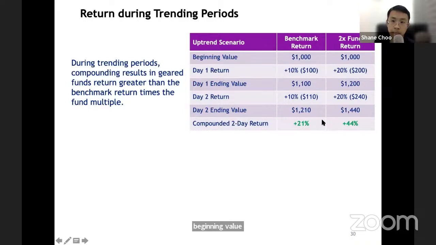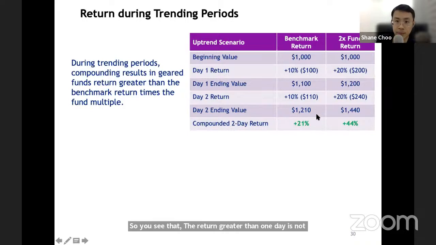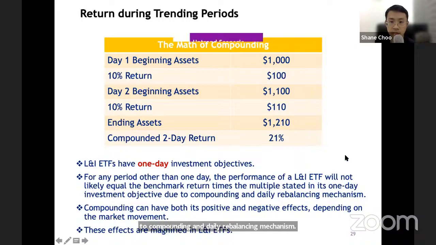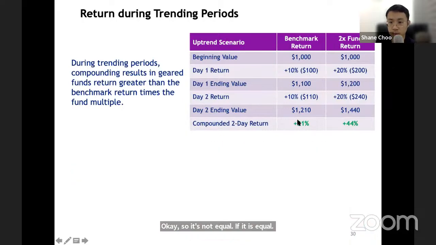So you see that the return for greater than 1 day is not the return times the multiple. Which is what I said earlier. For any period other than 1 day, the performance of an L&I ETF will not likely equal the benchmark return times the multiple stated in its 1 day investment objective due to compounding and daily rebalancing mechanism. So it's not equal. If it is equal, it should be 42%, isn't it?